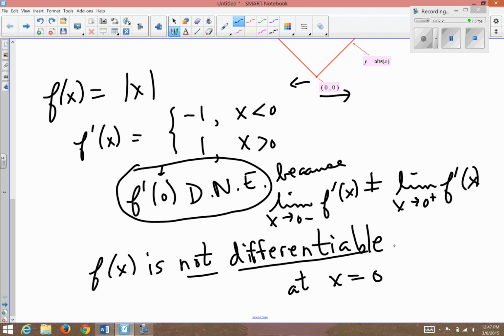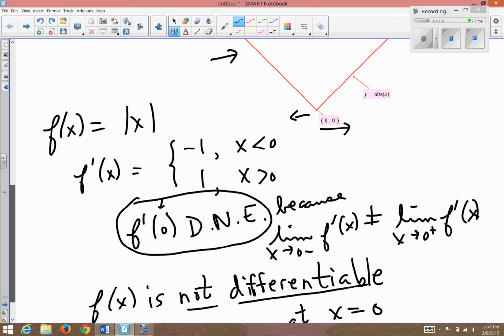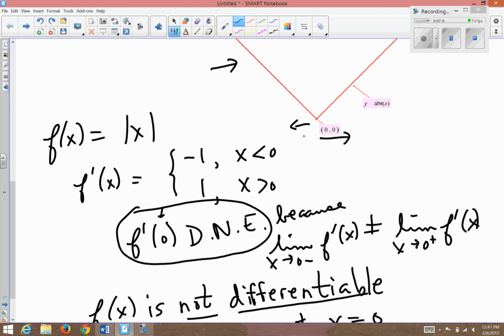Not differentiable means it is not possible to find the derivative. I'll repeat, it's because the derivative a little to the left of 0 is -1. The derivative a tiny bit to the right of 0 is +1, and those are different.